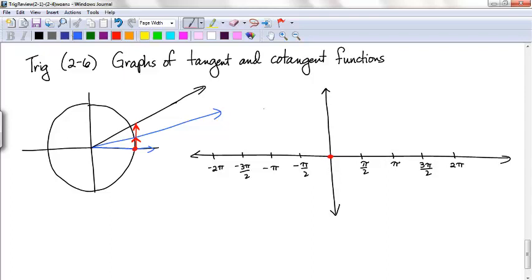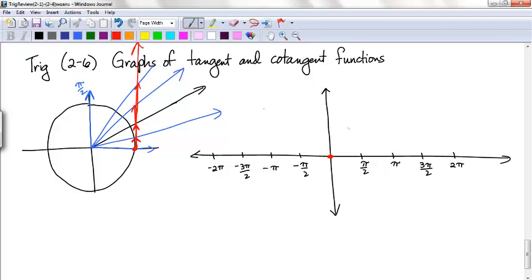And as your terminal vector gets bigger, this is just going to keep getting bigger, until your terminal vector is at 90 or pi over 2. When it's up here at pi over 2, your tangent is shooting straight up to infinity.